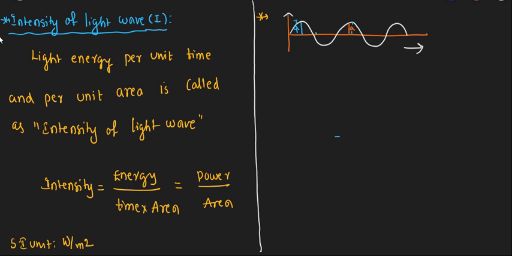From the figure, the small a is called the amplitude of light wave.